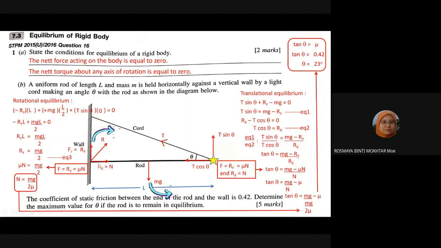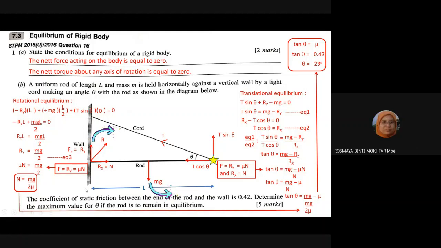N is always perpendicular to the surface. R is not necessarily, it depends on the surface. If the surface is rough, R must be slanting at a certain angle. But if the surface is smooth, then R equals normal. So reaction and normal are actually two different physical quantities. Clear? Clear now. Thank you.